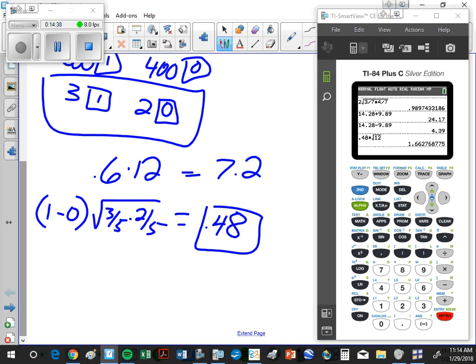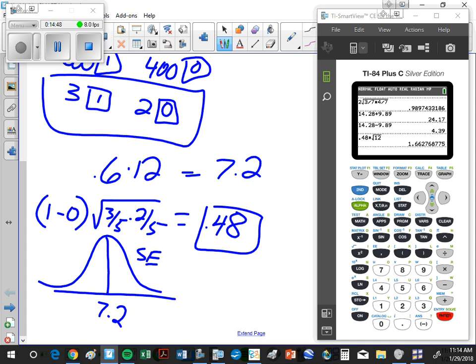So here, I need a normal curve. My expected value is 7.2, and my SE is 1.66, not repeating, sorry. So we want to find the chance that nobody favors capital punishment.